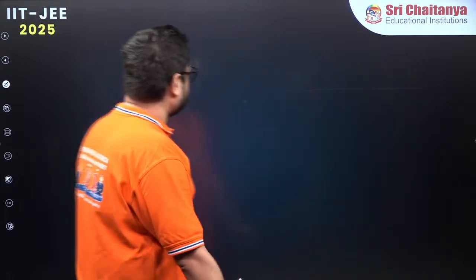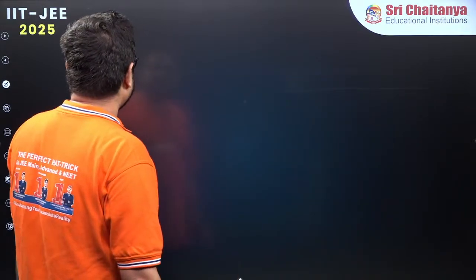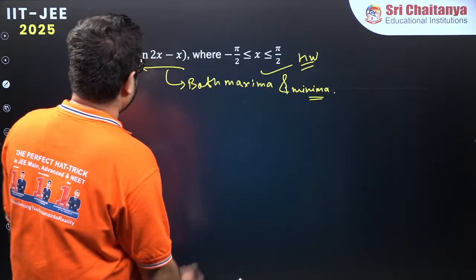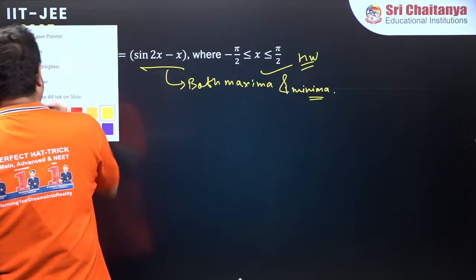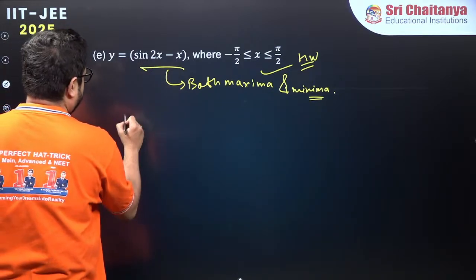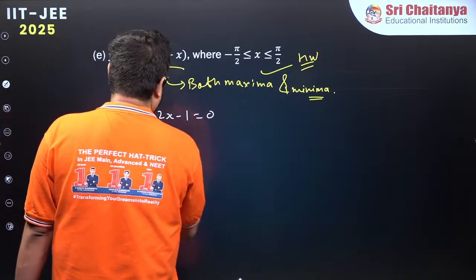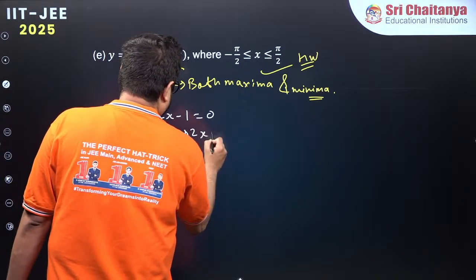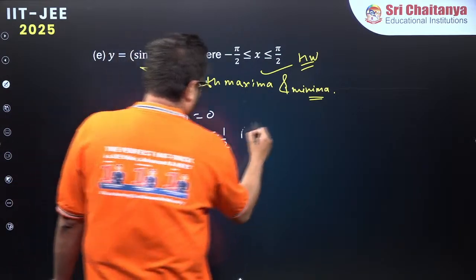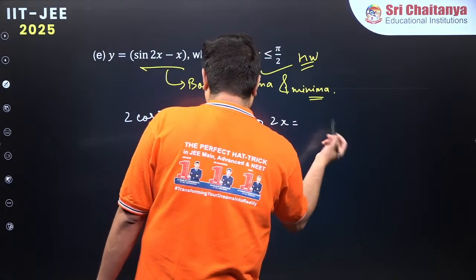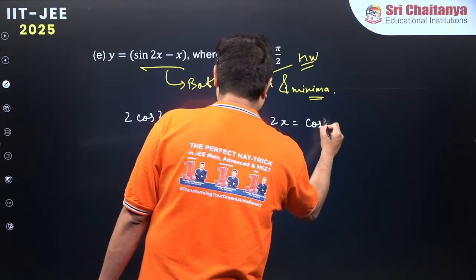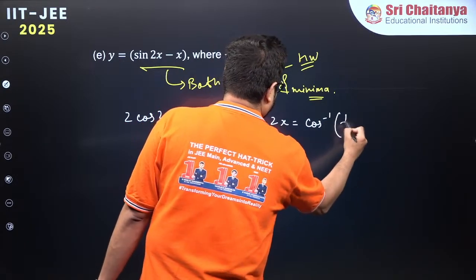This was the previous question. This one. So I am directly writing down the expression. This has to be 2 cosine of 2x minus 1 equated with 0. I will be getting cosine of 2x is equal to half. So this 2x can be written as, for those who know inverse trigonometric functions, cos inverse of half.